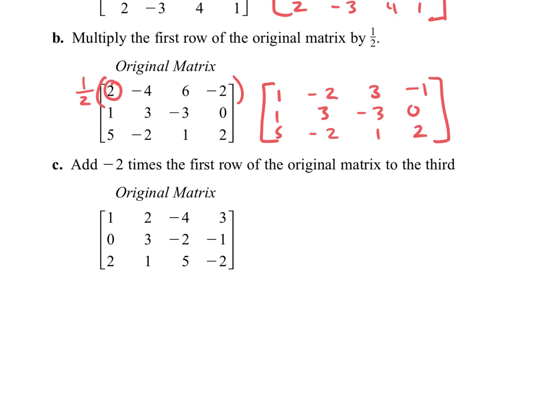In C, it says add -2 times the first row of the original matrix to the third. So I'm adding two rows together. I'm adding -2 times row 1, and I'm adding it to row 3. I'm going to do the math on the side here, but rewrite my matrix down here.